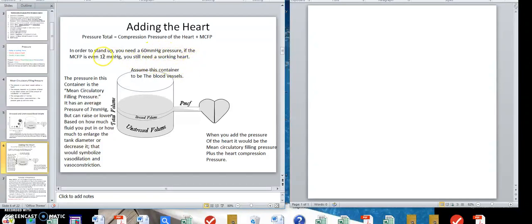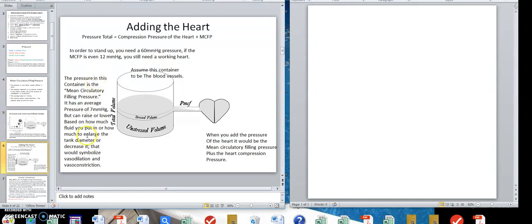We haven't talked about it yet. If the most you could get is 12 to 14 by just the blood vessels alone, what does that automatically mean? You cannot make it without a working heart, because you got to go to at least about a 60, and the max you could get with the mean circulatory filling pressure would be a 12 to 14, and that's with everything going. Okay?